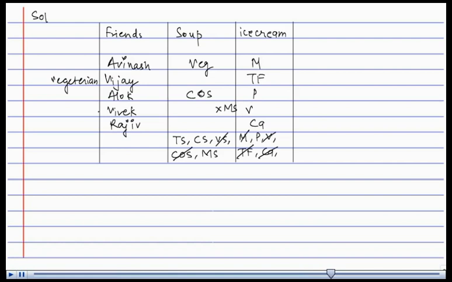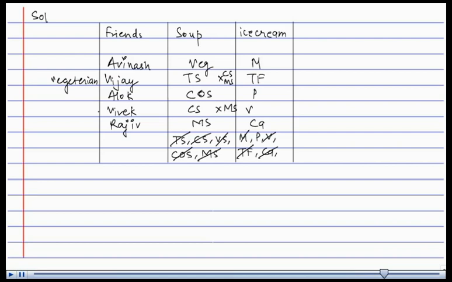Now Vivek didn't order mutton soup, so he may have ordered the tomato soup or the chicken soup, but it is given that Vijay is vegetarian, so Vijay cannot order the chicken soup or the mutton soup. So the only soup which remained is the tomato soup, which is going to be ordered by Vijay. Now, since Vivek is not going to order mutton soup, he is going to order the chicken soup, and Rajiv necessarily is going to order the mutton soup in that case.